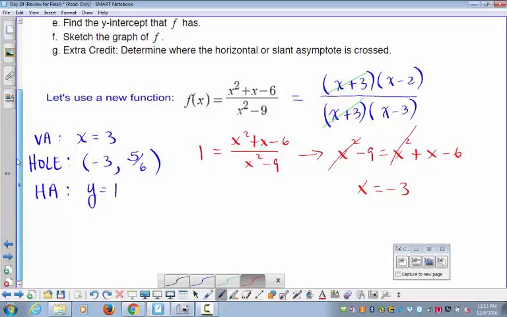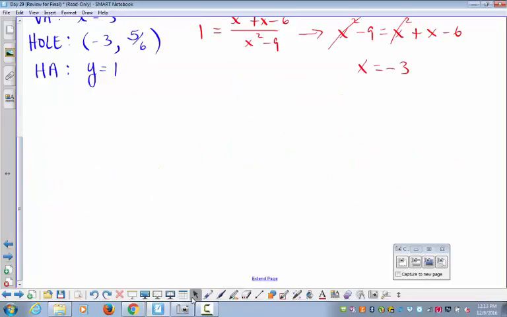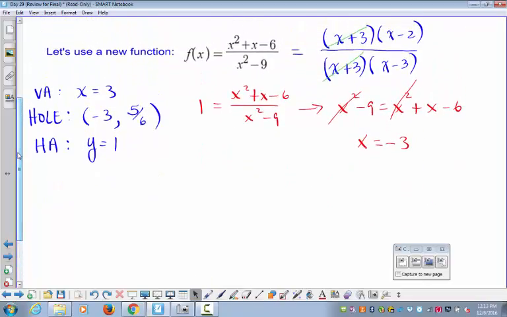We're in a minute left, so let's keep going. Horizontal asymptote. Oh, no. Here's what the problem is. We have to set this 1 equal to the reduced function, not the original function. If we want to see whether that horizontal asymptote is crossed, we need to go to the reduced function, x minus 2 over x minus 3.